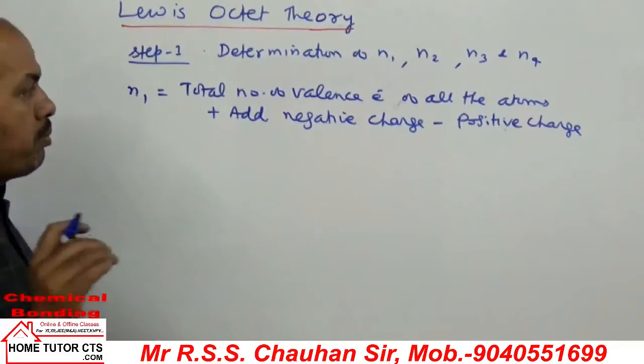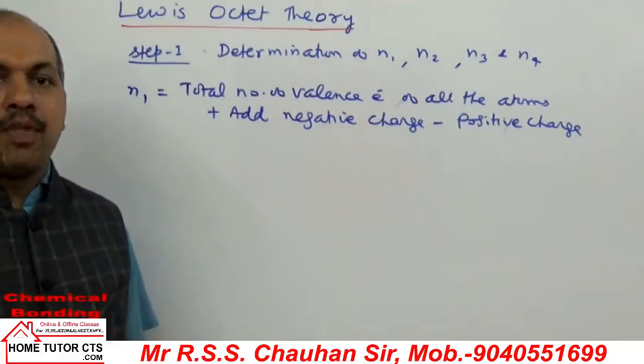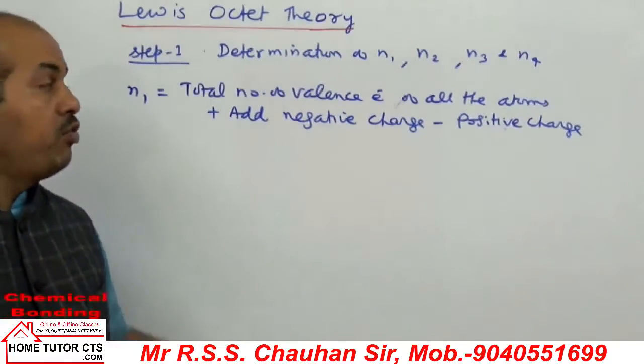That is N1, the total number of electrons available in the valence shell.